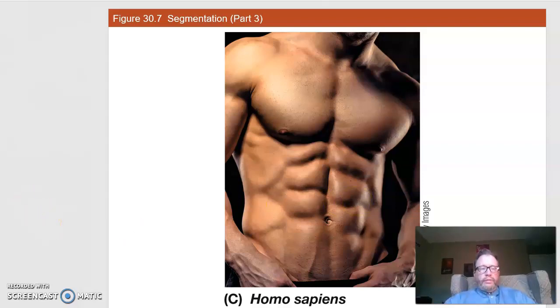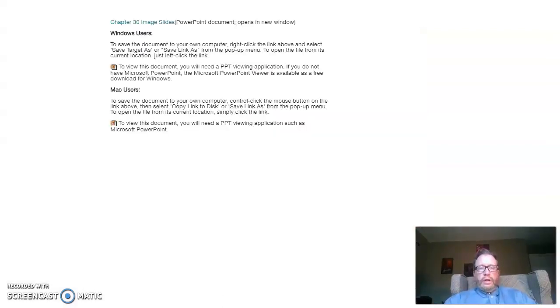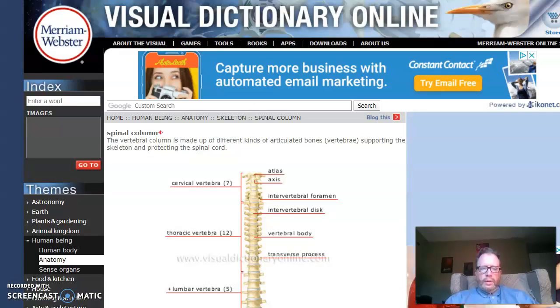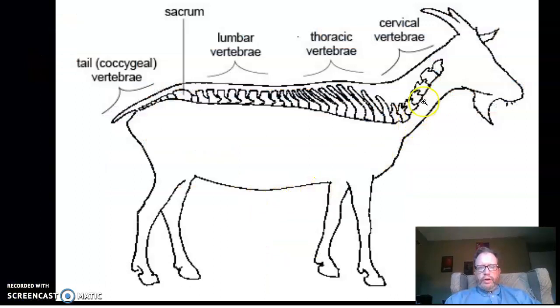In fact, if we Google, let's look something up here. Okay, so this is on Wikipedia, and what we're looking at is the vertebral column in a goat, right? So you see that's also segments, right?